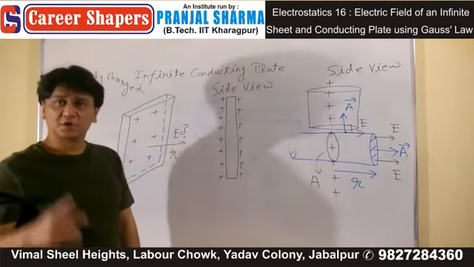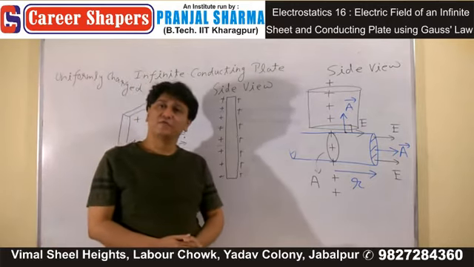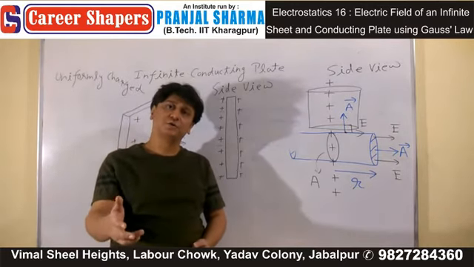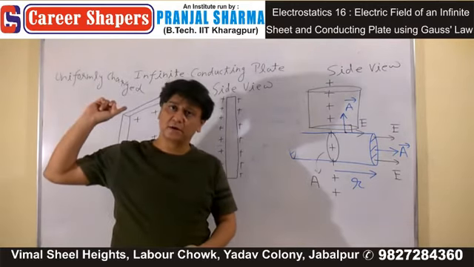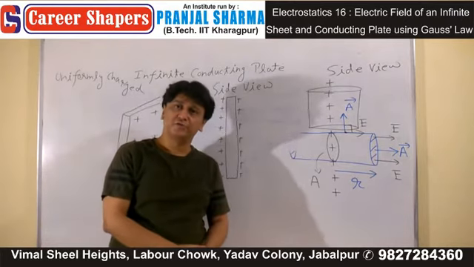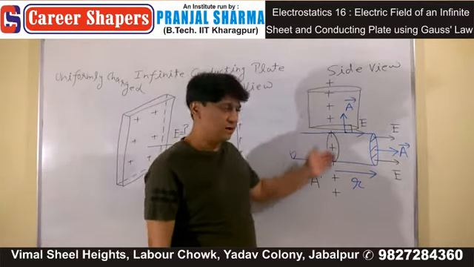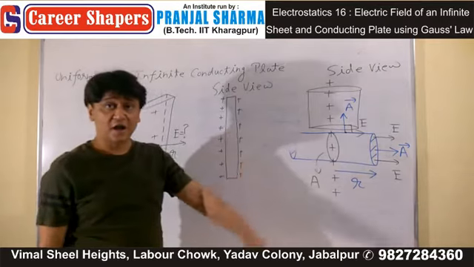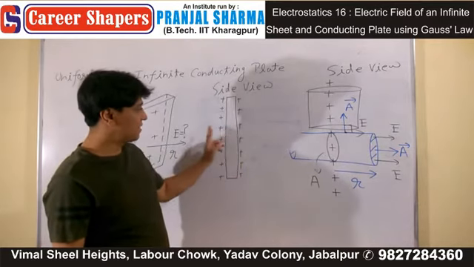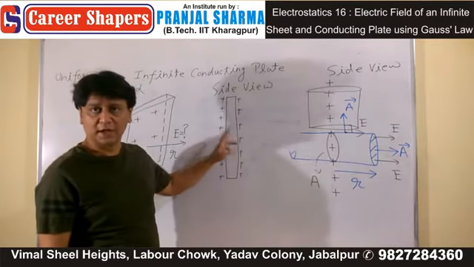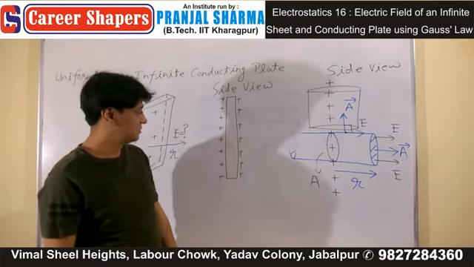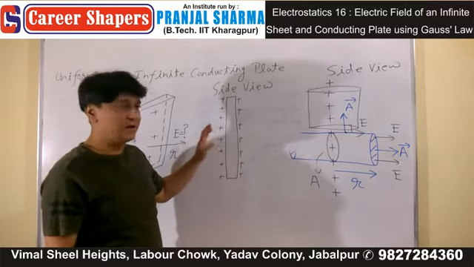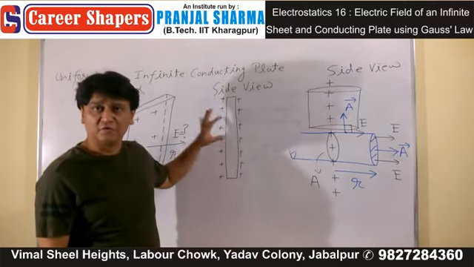What is the difference between an infinite sheet of charge and an infinite plate? In an infinite sheet of charge, you have a single layer, whereas in an infinite plate of charge, you have two layers, like this. I hope you understand the meaning of infinite plate.